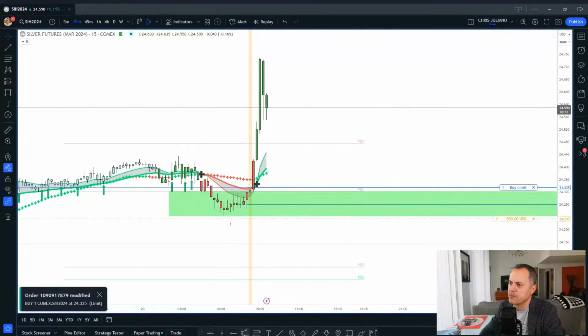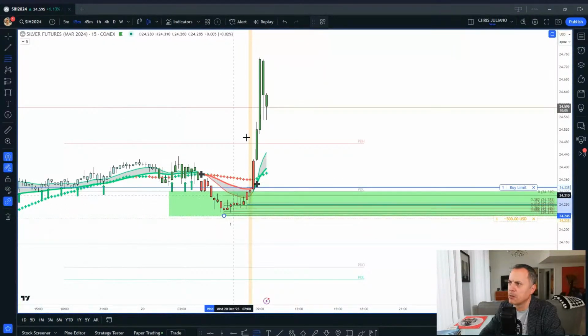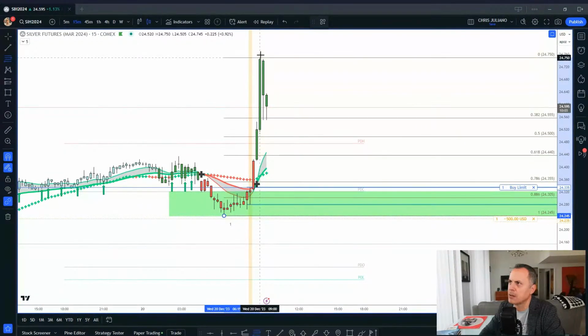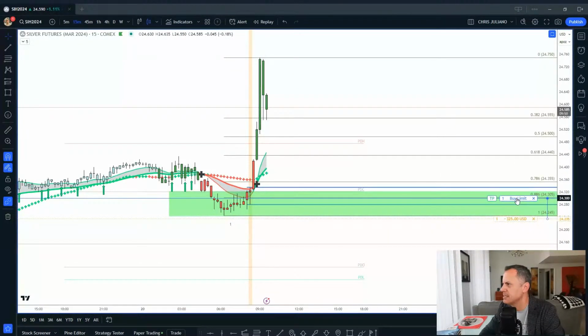Here's what you do. Go to Fibonacci retracement, swing low to swing high. What do we got? 886. That's what we're working with inside of this zone. So let's put it right at that 886 level.